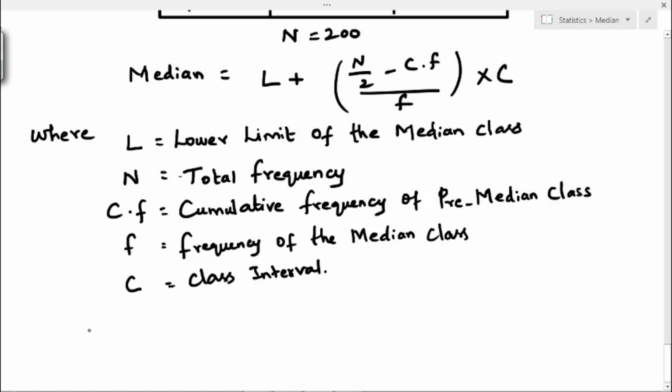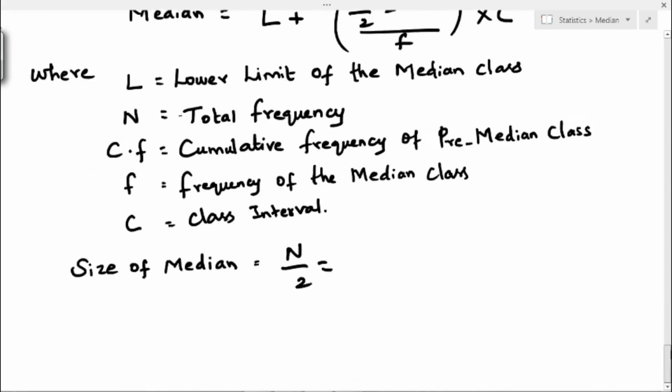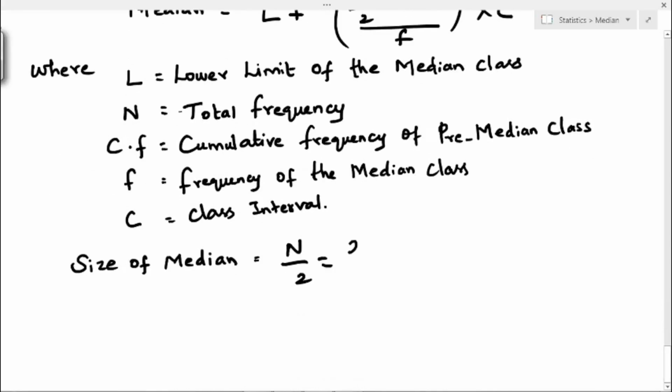First we find the size of the median, that is N by 2. N is the total frequency, 200, so 200 divided by 2 is 100. So the size of the median is the 100th term.